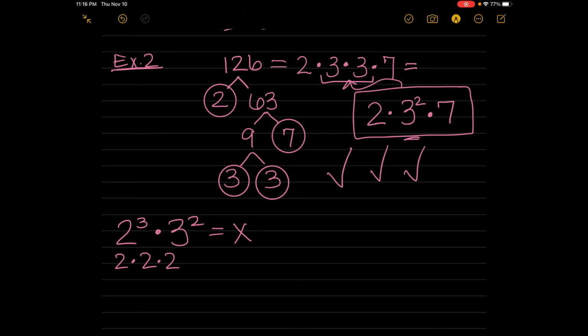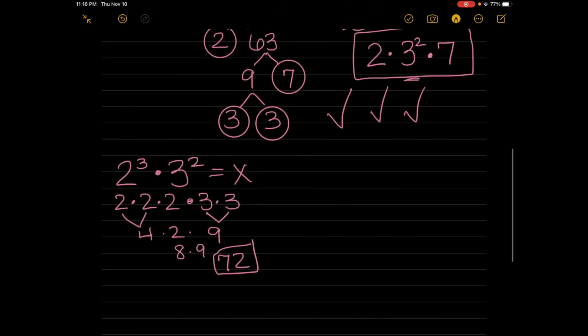So I would do 2 times 2 times 2, and then times 3 times 3. So all you have to do is do this in your head. 4, that's 4, right? Times 2 times this is 9. Now I have 4 times 2 times 9. That's 8 times 9. So that's 72. So x is 72. So you might have a couple of these also.